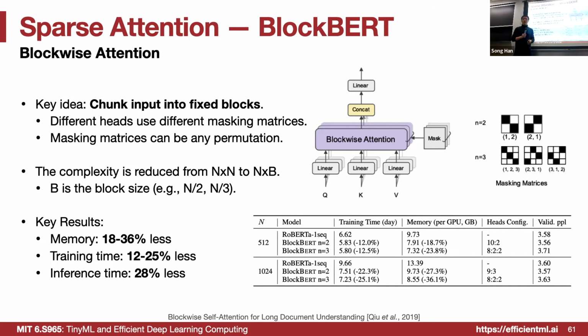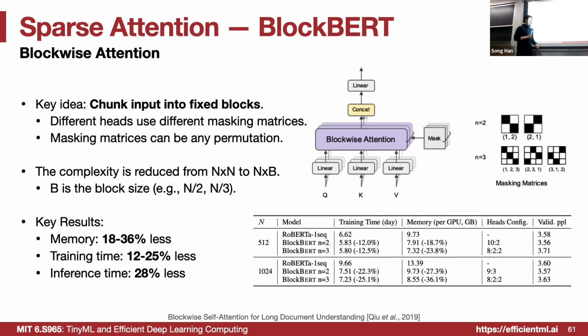So in this way, how much computation is reduced? Previously, the complexity of the attention map is n by n tokens, since each token attends to each other. Now, if we have a block size of b, the complexity is reduced to n times b, where b is the block size, either n divided by 2 in this case, or n divided by 3 in that case.